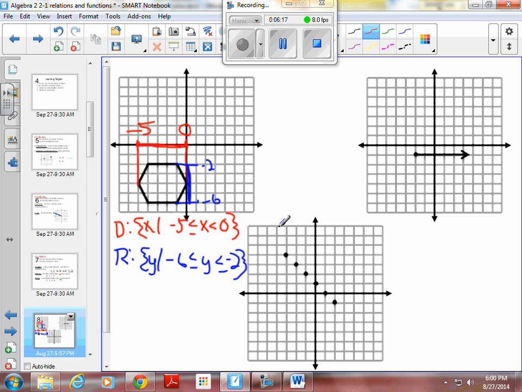Let's go grab my domain first. So the domain is straight down, straight down, straight down, straight down, there, and straight up. So this is 0, negative 1, negative 2, negative 3, and this one's 1, and that's 2.